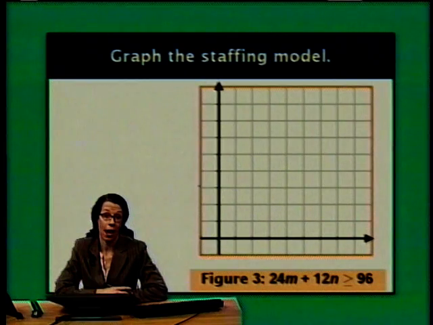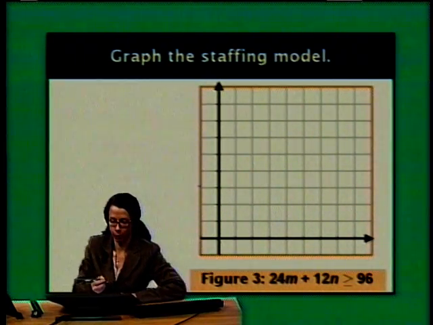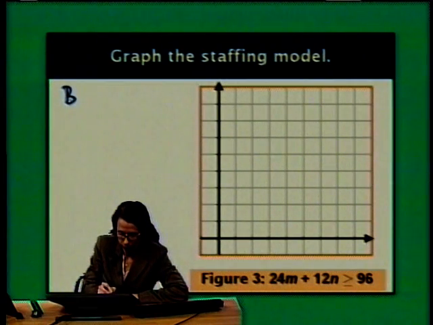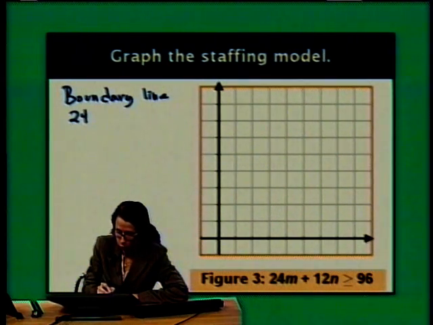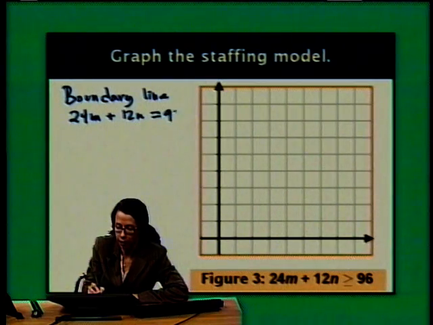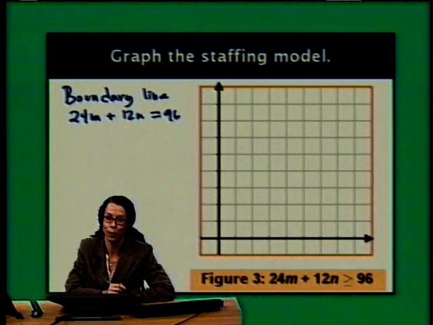So now let's graph the solutions to this inequality. Once again, we're going to start with the boundary line, and the boundary line is 24M + 12N = 96. Again, pretty easy to graph this. Also notice that the linear equations we're getting are in standard form.